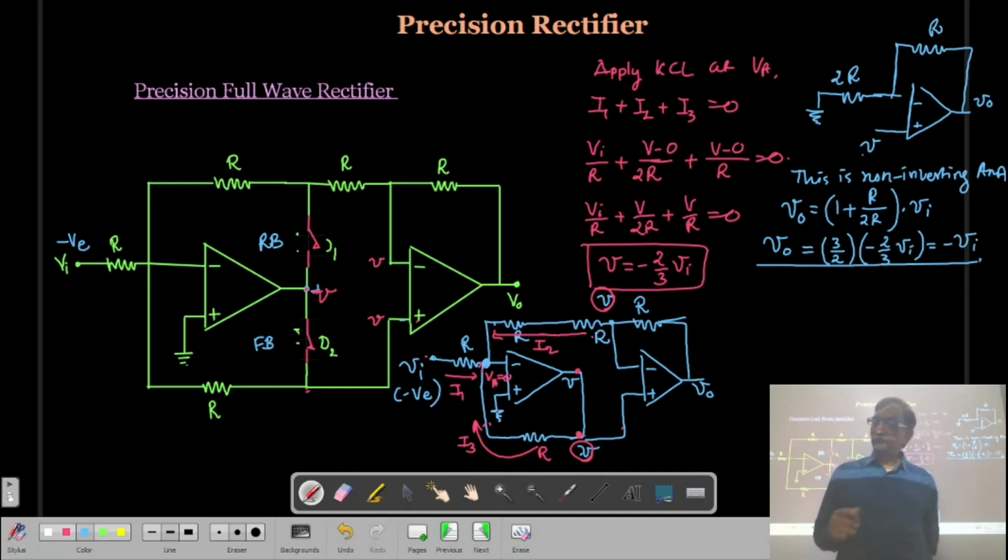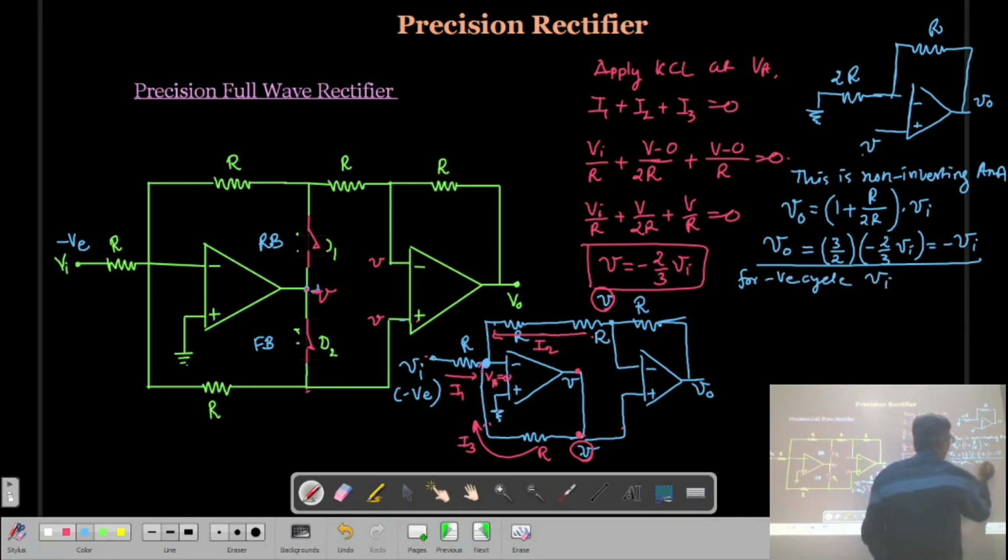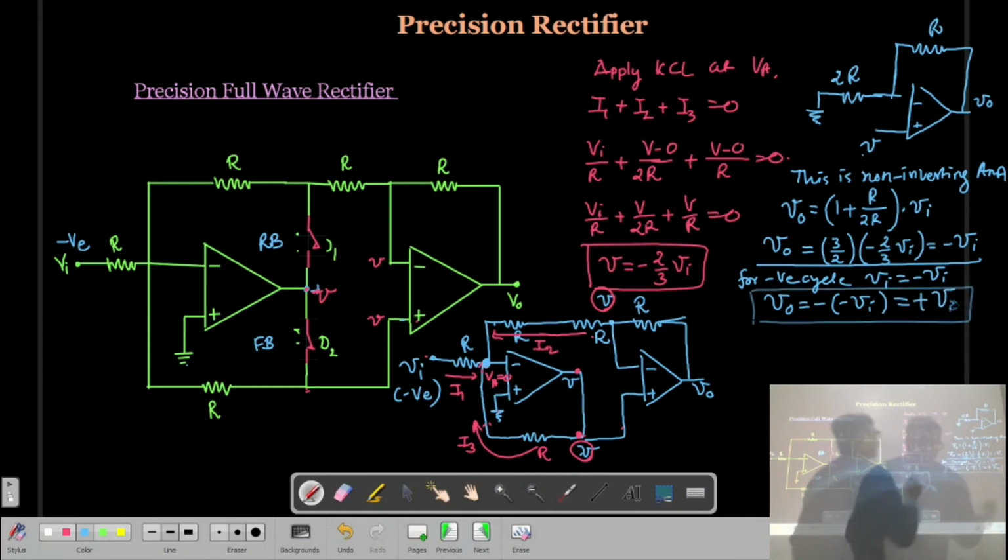But my input is negative. For the negative cycle we are calculating. Correct? So the output will be positive. For the negative cycle, Vi is equal to minus Vi, and therefore the output voltage minus Vi will be equal to plus Vi.